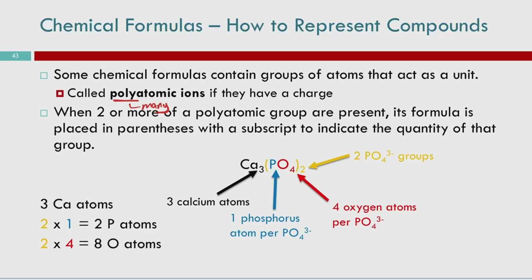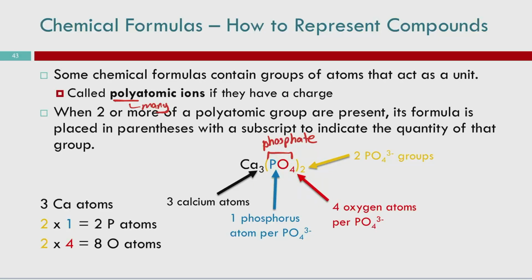So for example, PO4 is a phosphate group. And in this chemical, we've got 2 phosphates. And in order to show that we've got 2 phosphates, 2 of that whole PO4 group, we put parentheses on the outside. And then this 2 indicating that we've got 2 of whatever's inside the group.